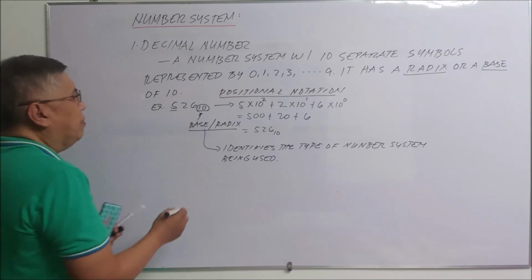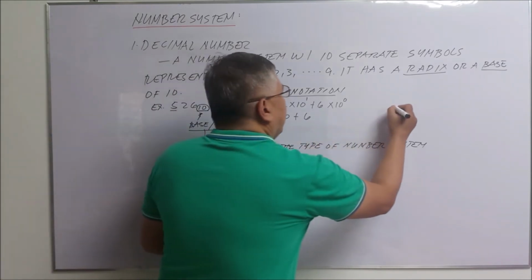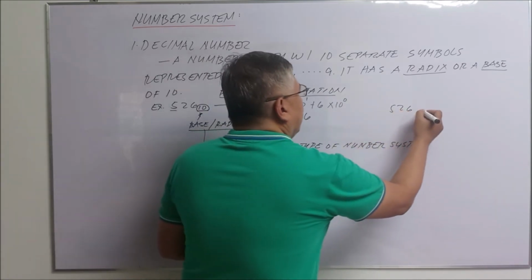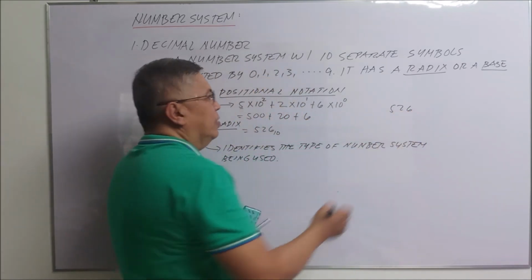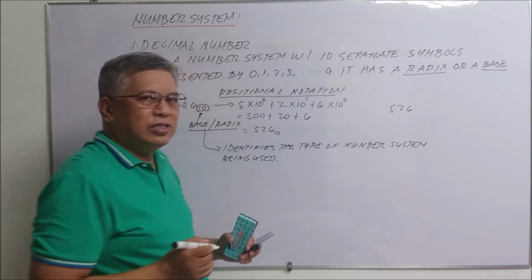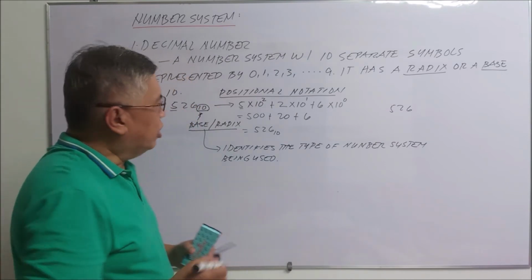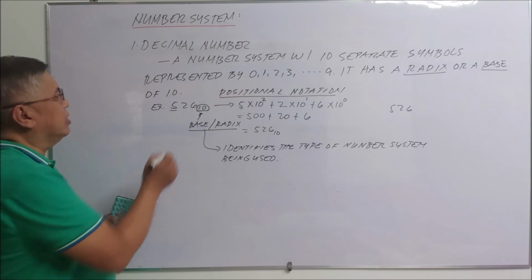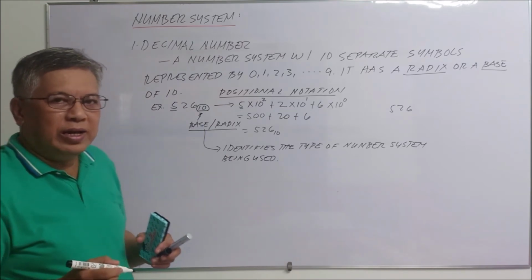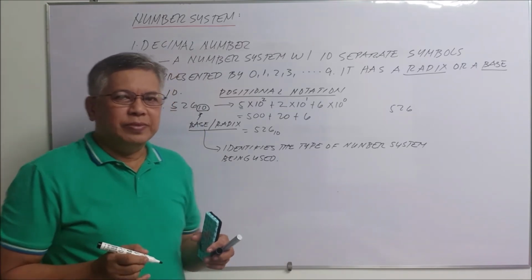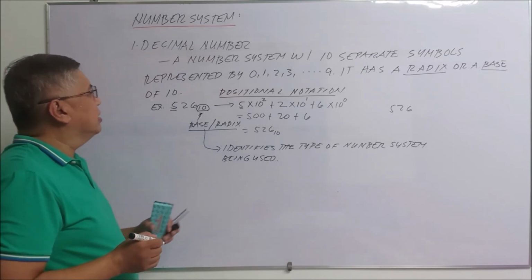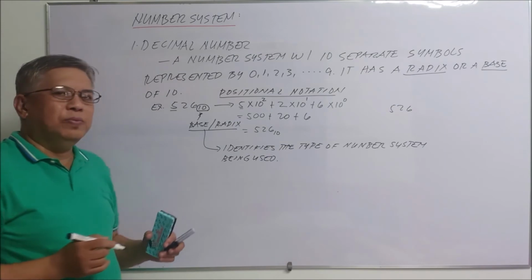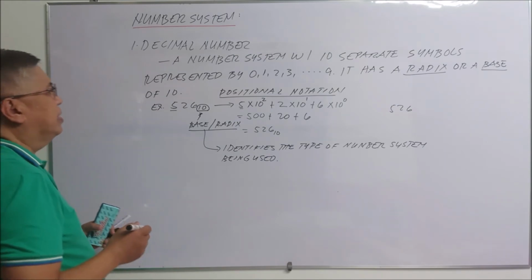Because, for example, if you have 526 without the base, this one here can be an octal number, or this can also be a hexadecimal number. So, with the presence of your base, we can say that this is a decimal number system. Okay? So, that is the use or the meaning of the base or the radix.